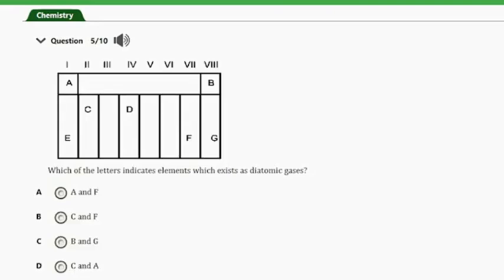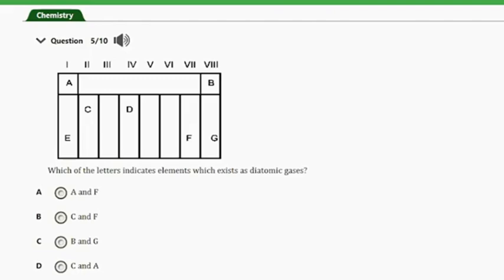It says, which of the letters indicates elements which exist as diatomic gases? So guys, we have options A, A and F, B, C and F, C, B and G, D, C and A. So guys, the answer to this question will be A and F. So guys, option A here is hydrogen, and the element F is a group 7 element here.